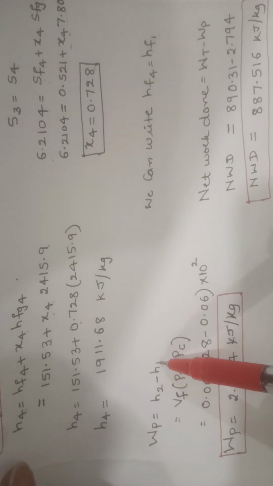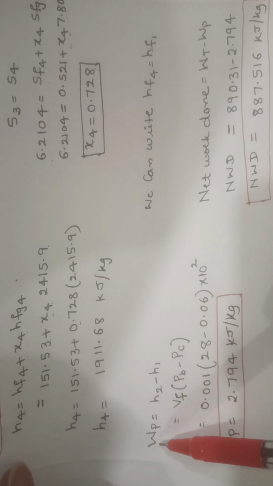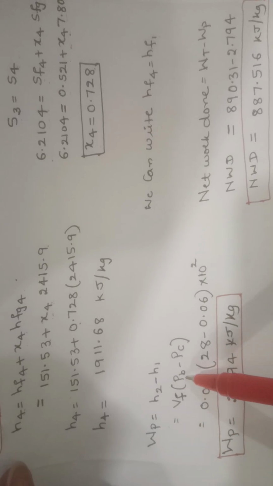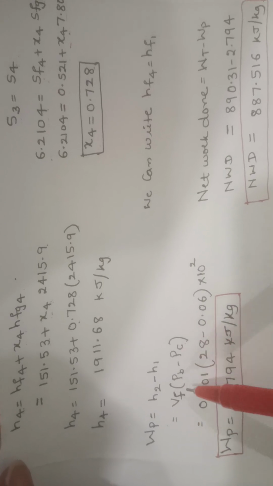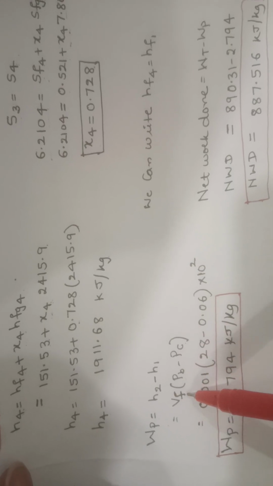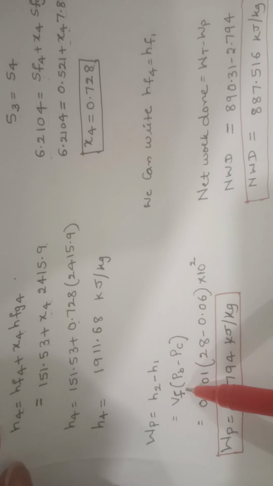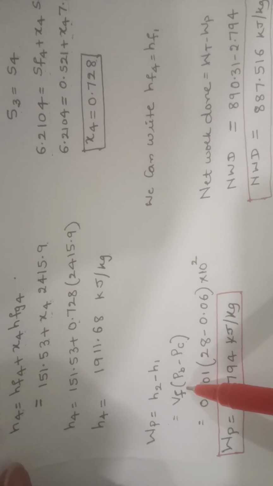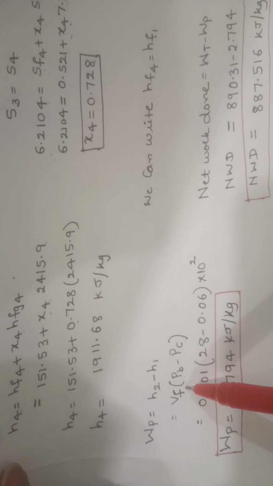So therefore H2 minus H1 is the formula, or in the same way this work input to the pump is also calculated by using the formula Vf into Pb minus Pc. This Pb is nothing but boiler pressure minus condenser pressure. Vf is the volume of the water at 0.1, because this is the volume of water entering into the pump.